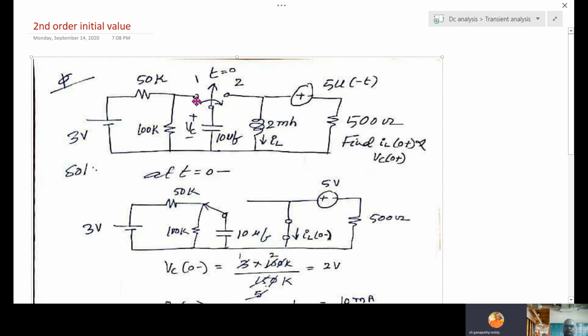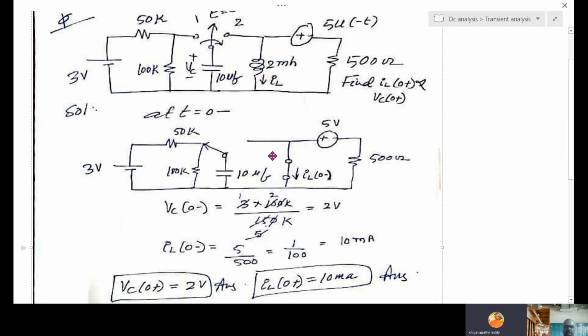The switch is moved from 1 to 2 at t equal to 0. Here 5 u of minus t. So there is a capacitor, inductor, and so on. Find IL 0 plus and VC 0 plus.